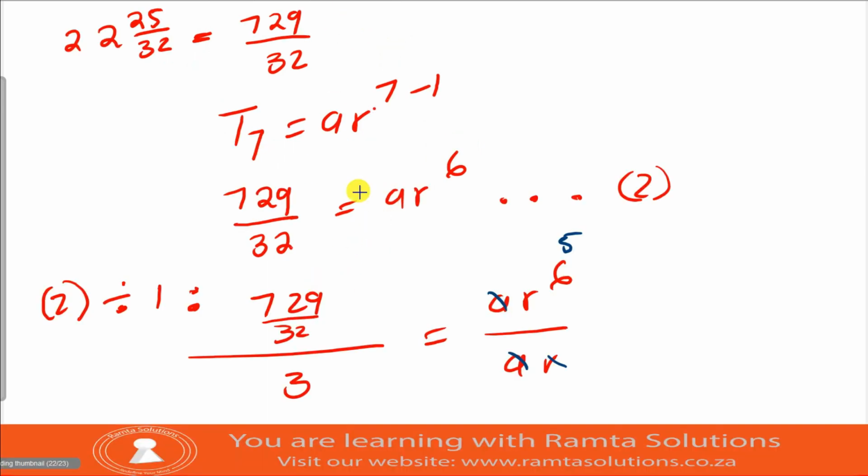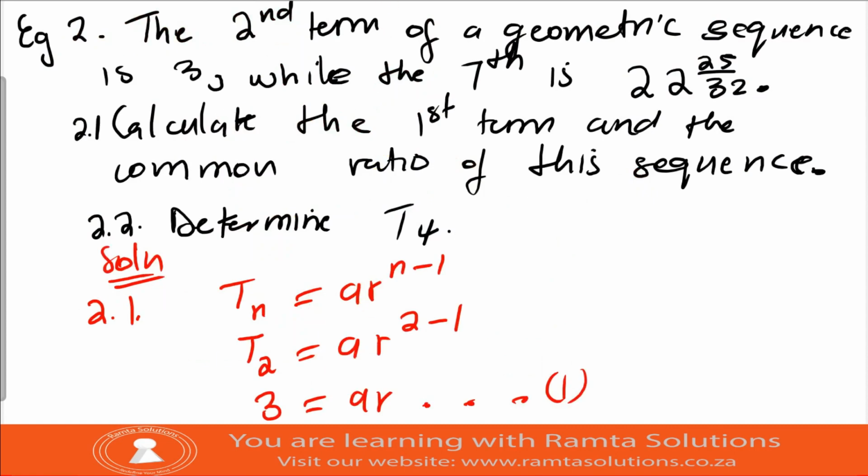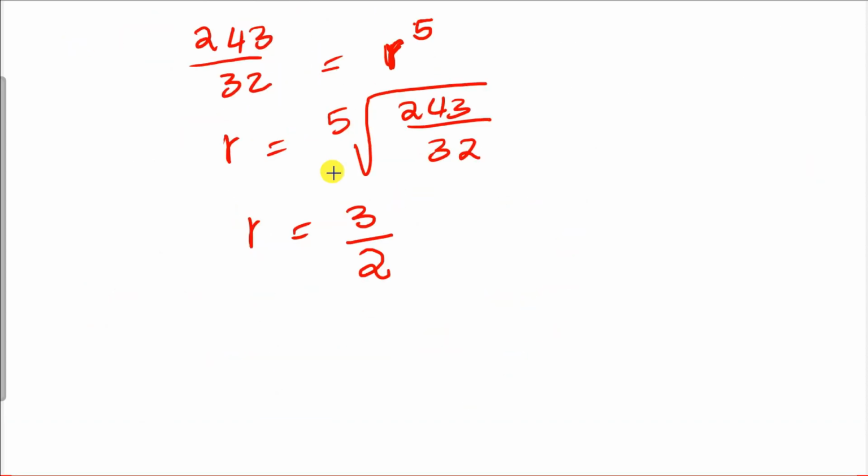I prefer equation 1. It is easier. So I had 3 equals A into 3 over 2. 3 divided by 3 over 2, it looks like A equals 2.